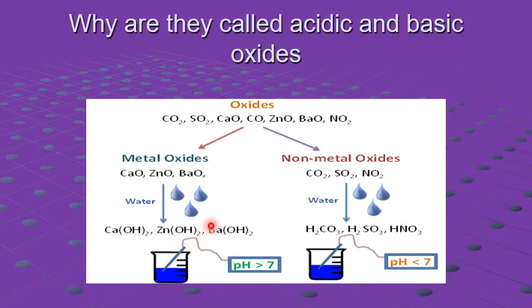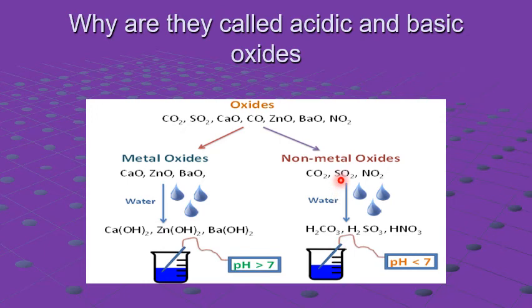Now, these right here are non-metal oxides. We have carbon dioxide, sulfur dioxide, and nitrogen dioxide. When we put these in water, we form acids. CO2 forms carbonic acid, SO2 forms sulfurous acid, and NO2 forms nitric acid. We measure the pH to be less than 7, telling us that it is an acid.